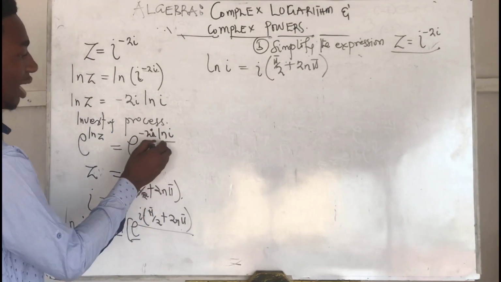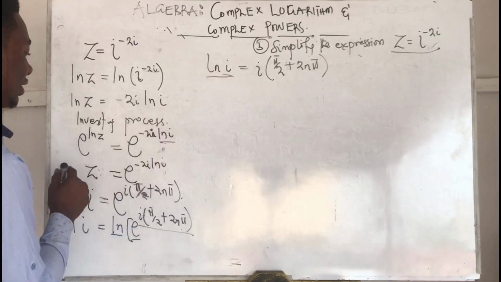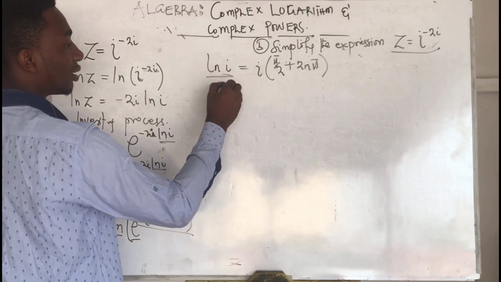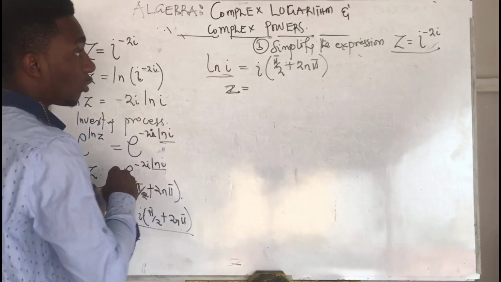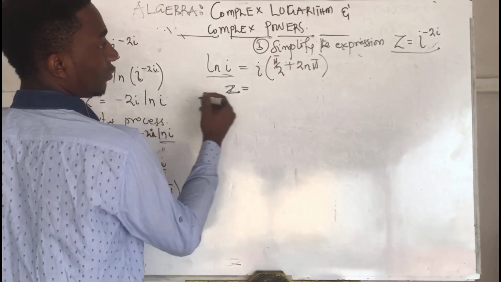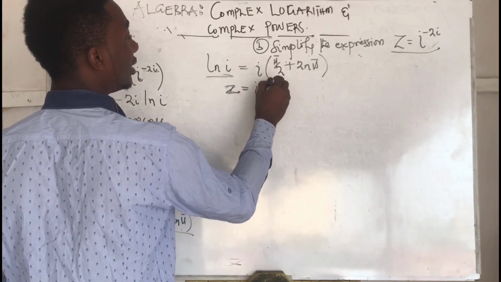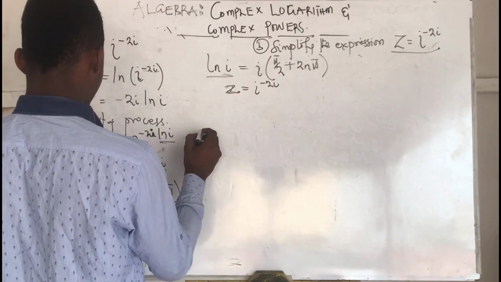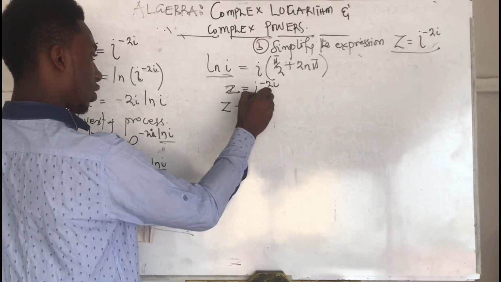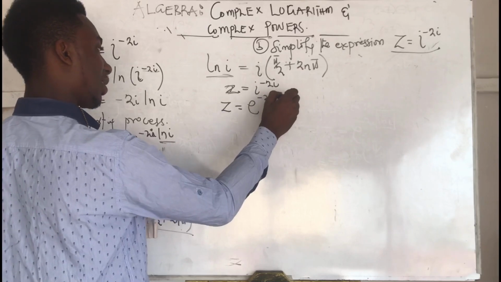So now we can put our ln i in this equation. We know that our z is also equal to i to the power negative 2i, which is e to the negative 2i ln i.